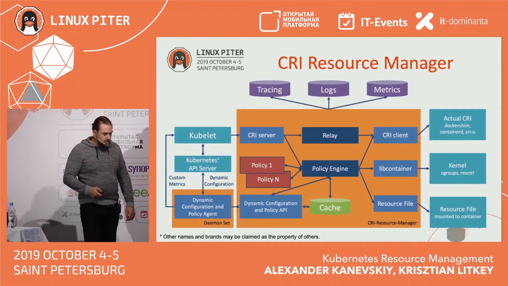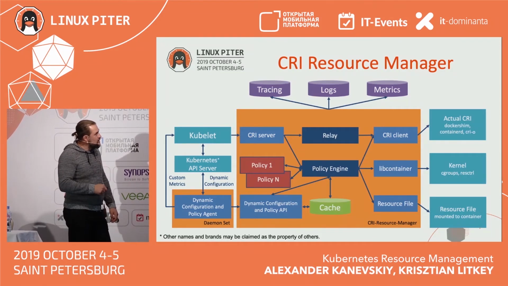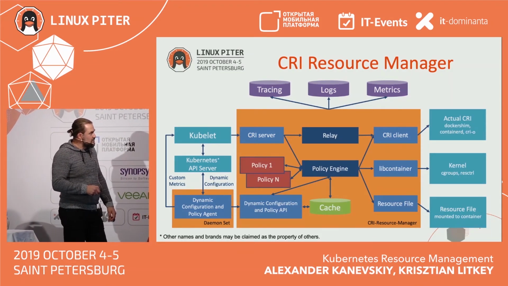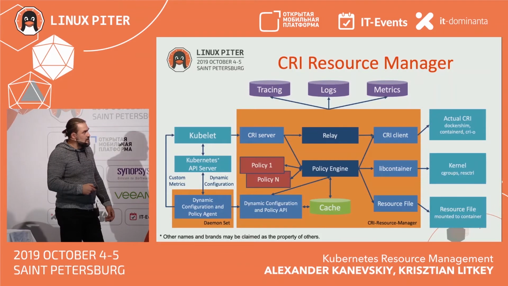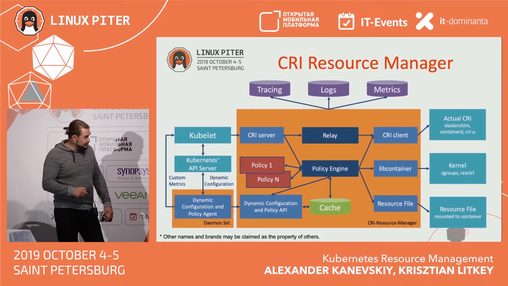So if we take a look at the architecture, first of all, Resource Manager is collecting a lot of information, and for observability, it is exposing that for consumption by external entities.